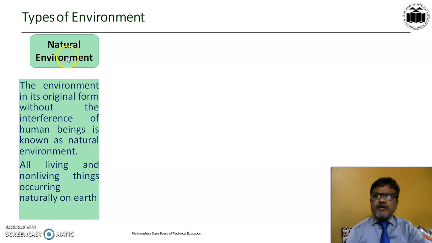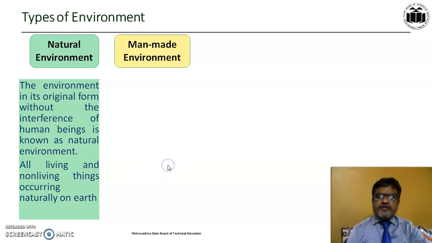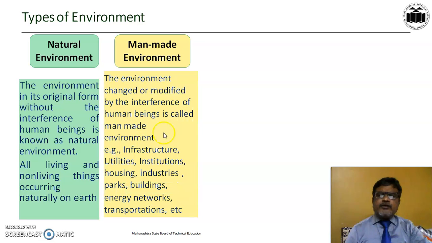That environment is called natural environment and includes all living and non-living things on the earth's surface. The second type is man-made environment or artificial environment, which includes the environment that has been changed or modified by the interference of human beings, including infrastructure, utilities, institutions, housing, industries, parks, buildings, energy networks, transportation, etc.